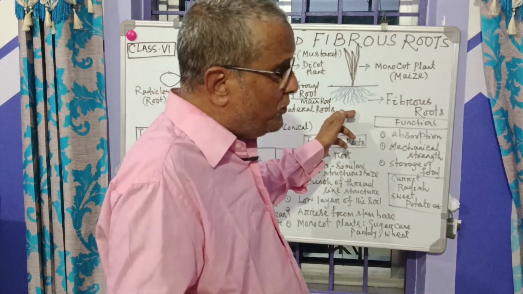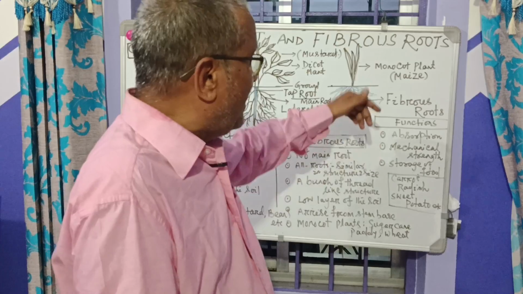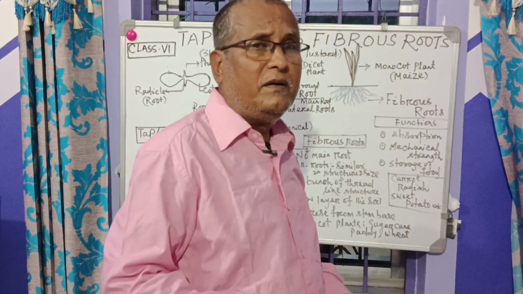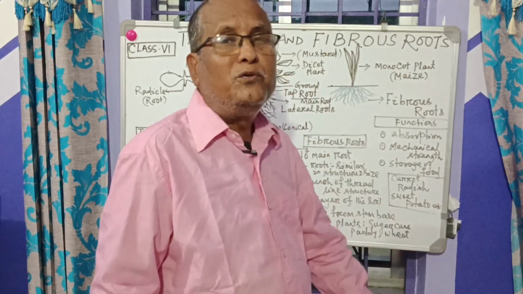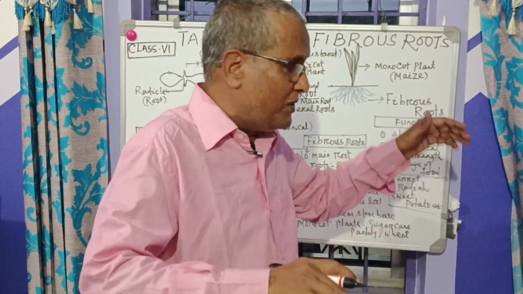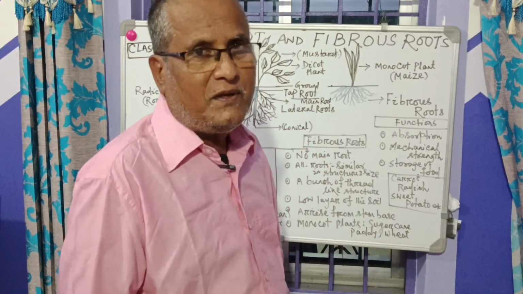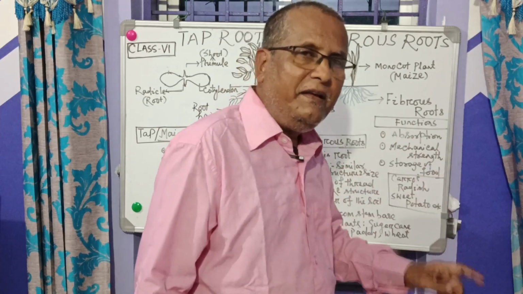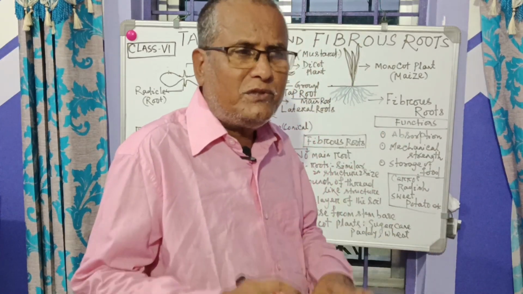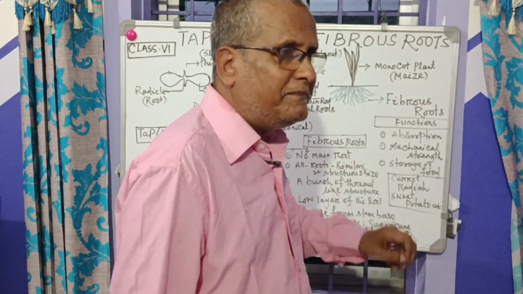The food prepared by the leaves is transported to different parts of the plant and also to the roots. So some roots store food, and we eat that part. These roots are called edible roots.